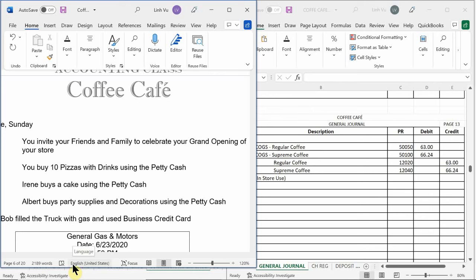So in this case, these are things that we're going to see in the future, right? We're going to see when we get to the end of the accounting period that here is the petty cash drawer. We need to replenish it.